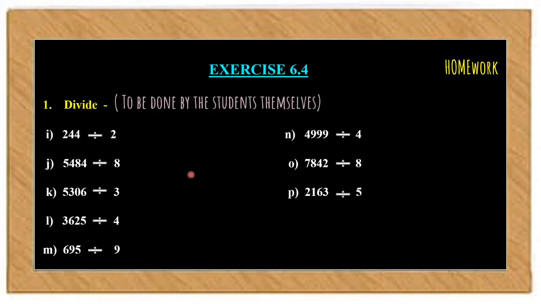There are a few problems which I wish for you to solve in your notebooks. I will read out these problems for you. The I part says 244 divided by 2. Next we have 5484 divided by 8.